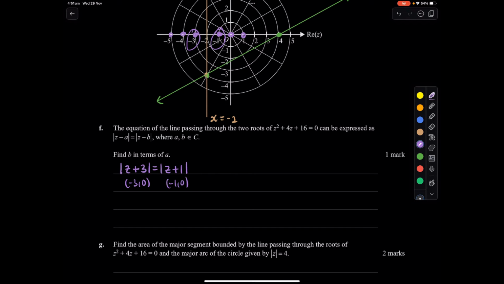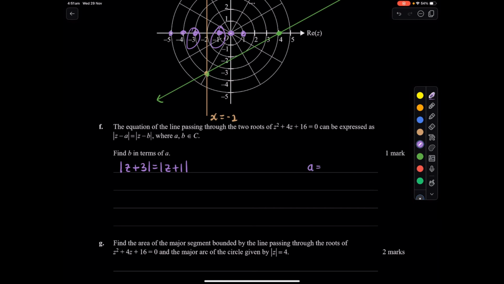And yes, those are the points. Okay, that's good, and then the perpendicular bisector runs through them. So what are our a values? In this case, our a value is negative 3. So when a is negative 3, b is negative 1. That's what we've just said.